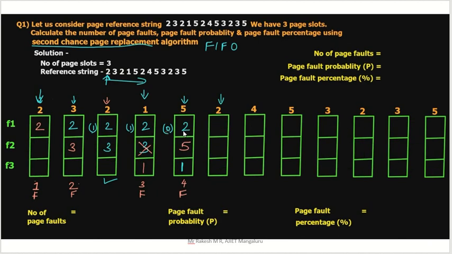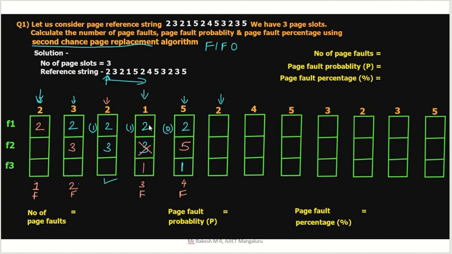Like this we have to go, FIFO algorithm, second chance algorithm. We actually have to replace 2, but we are giving one extra chance for 2. So when giving the extra chance to 2, the 1 becomes 0, and we write 2 here.